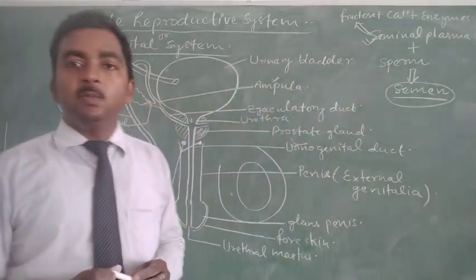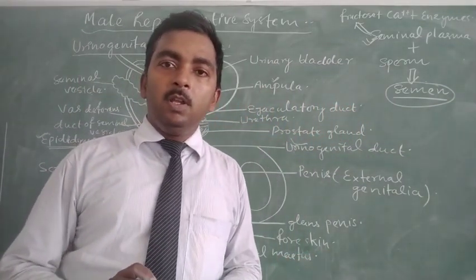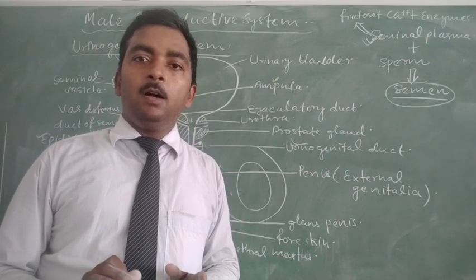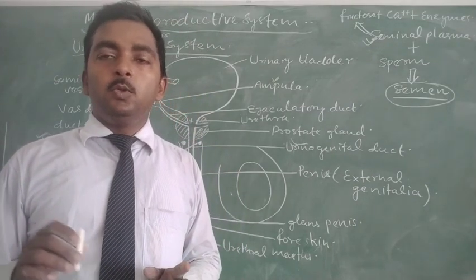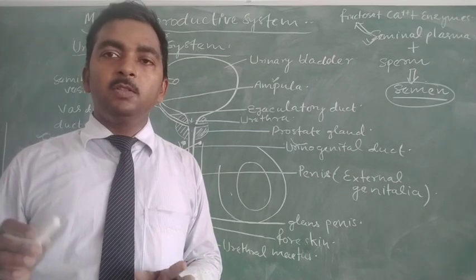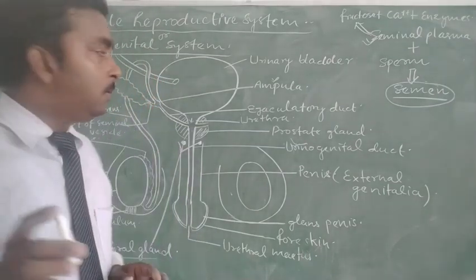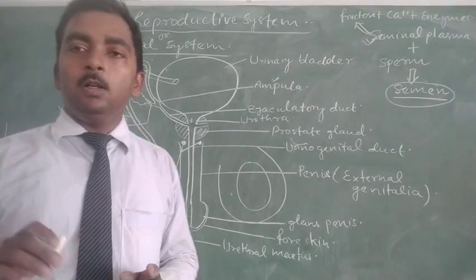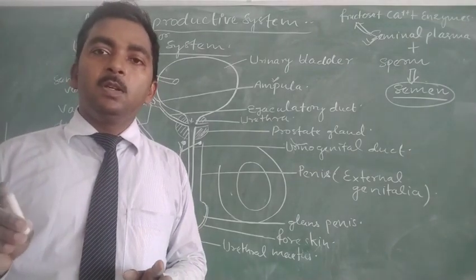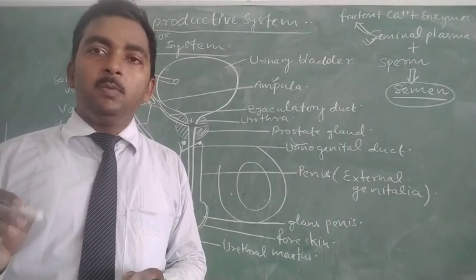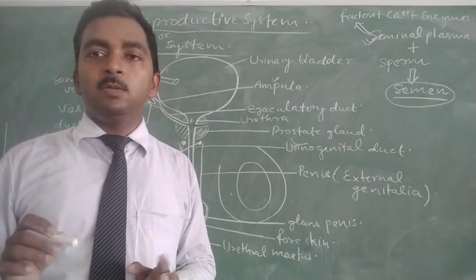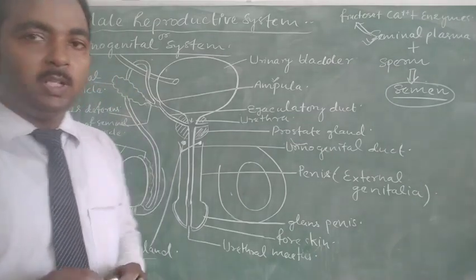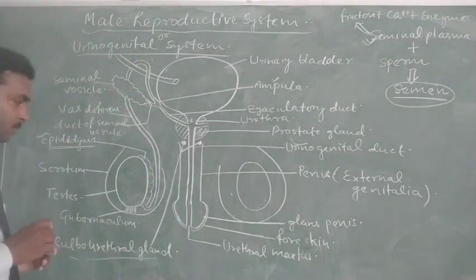The semen comes out from the male reproductive system to be deposited in the female reproductive tract, as a result of insemination, to transfer the male gamete into the female reproductive tract.